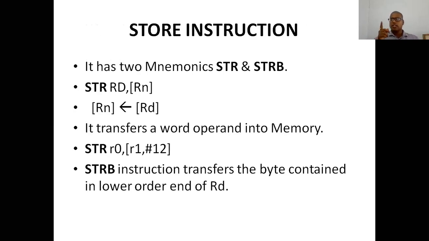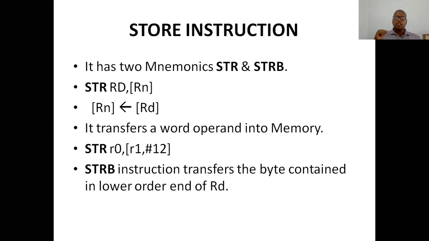So for storing those 32 bits, we need 4 consecutive, sequential memory locations. The computer will take care of that: whenever I specify one address, it will automatically allocate the remaining 3 addresses also.